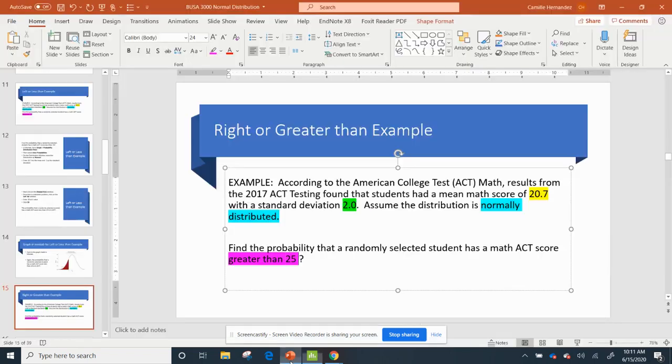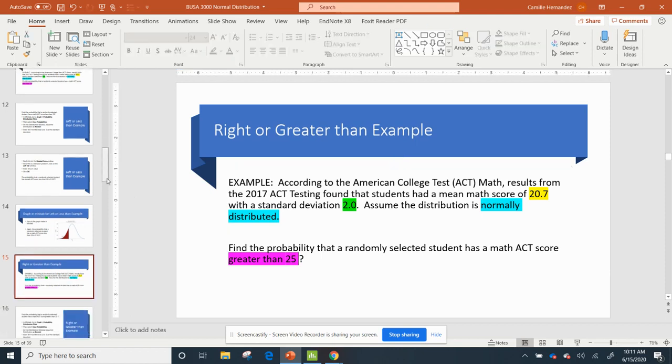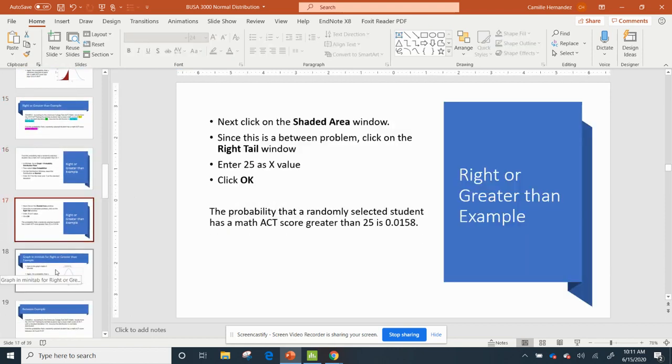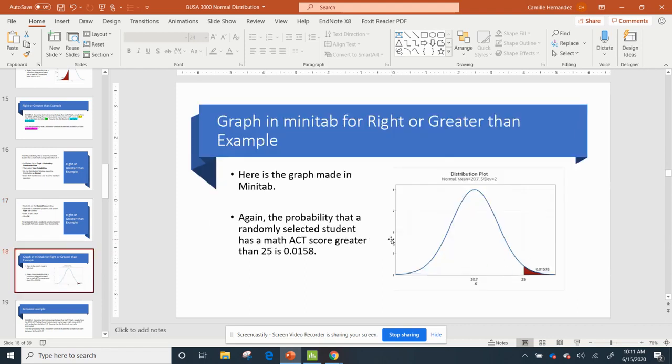0.01578. So going back to the PowerPoint, and again, here are the directions if you need it. I have what you need to do. So if I look at it here, here is how I'm going to answer it. The probability that a randomly selected student has a math ACT score greater than 25 is 0.0158.